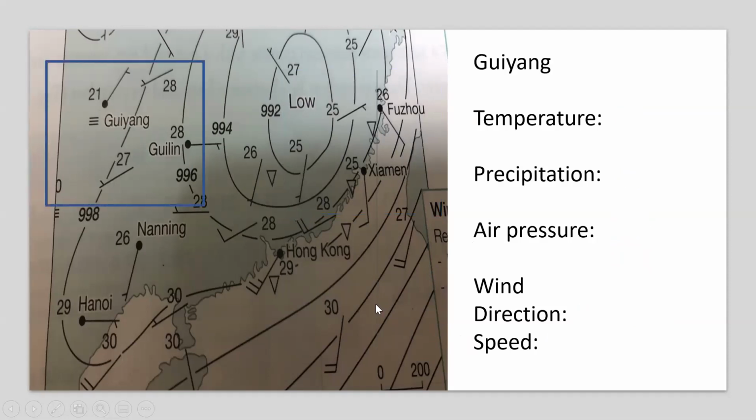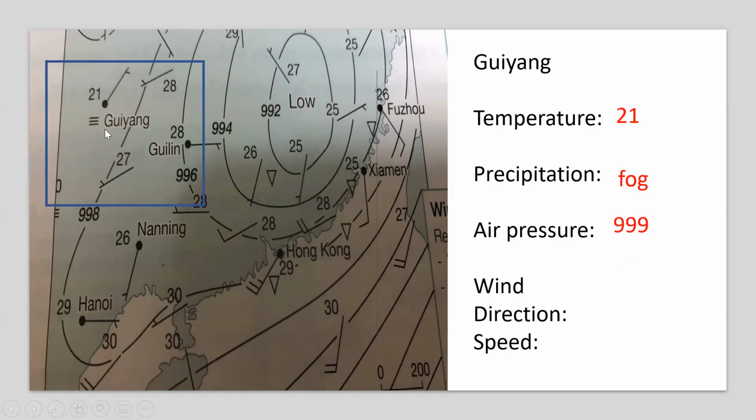How about Guiyang? Okay, Guiyang, the temperature is about 21 degrees Celsius here. And then the precipitation is, you see the 3 horizontal lines, that means fog. How about the air pressure? You see the line 8 lies on Guiyang, but it is above, so it's 999, about 999.